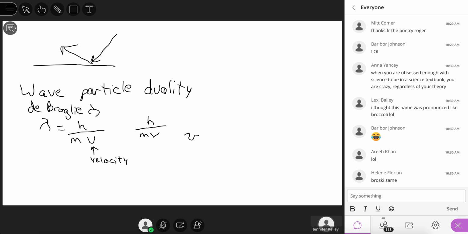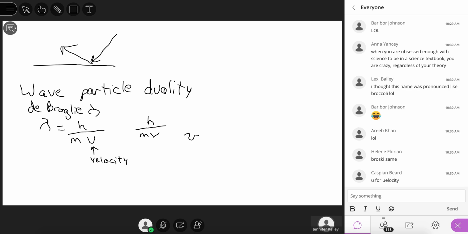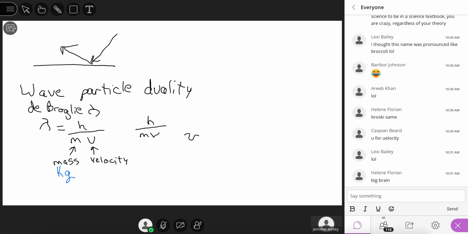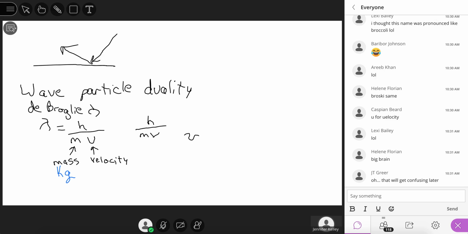How fast is the particle going? And then this is the mass. And it's super, super important that the mass is in kilograms. Otherwise, the whole thing will give you a crazy answer. And then this is still Planck's constant.